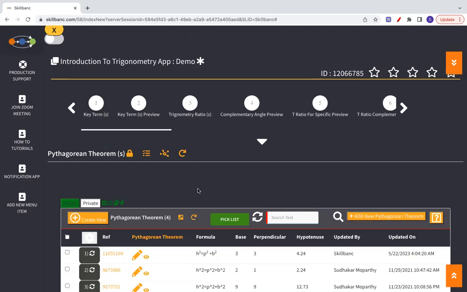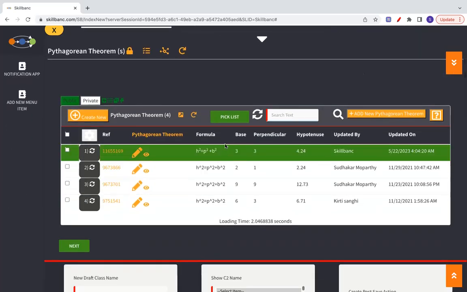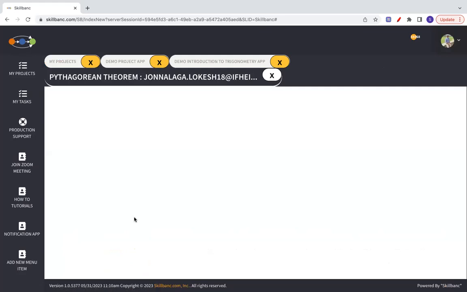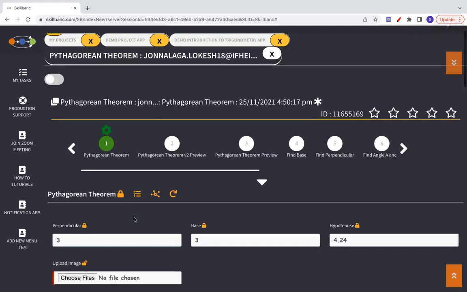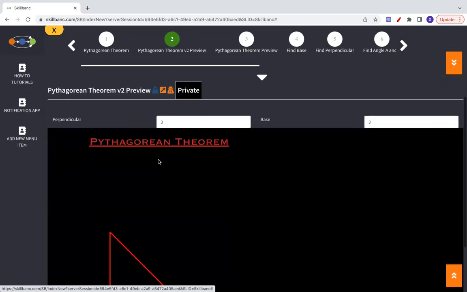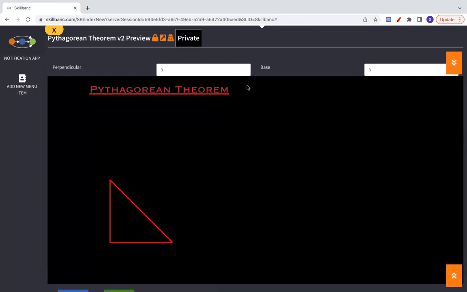So the data stored will be in this format, but the same data, when it is projected as an animated slide, will show up something like this. So we have perpendicular and base.